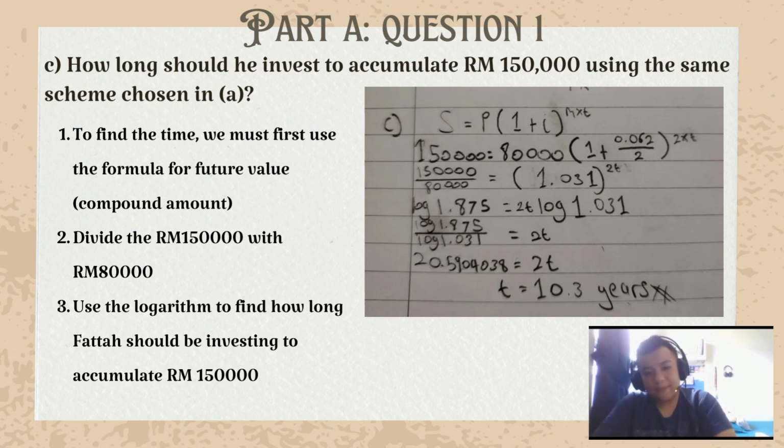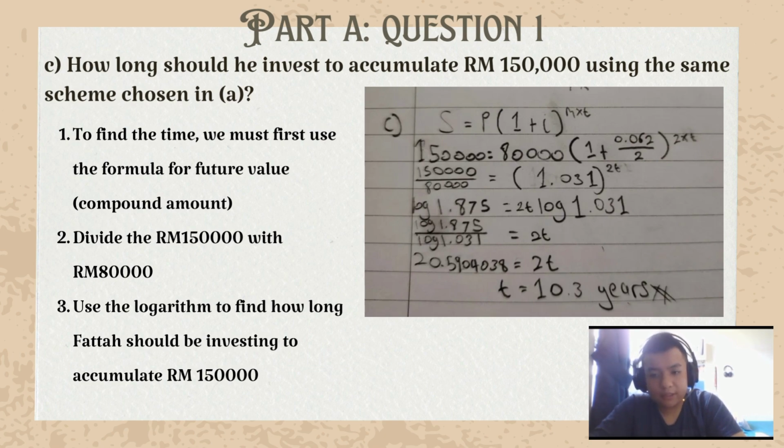So the second step is to take the 80,000 from the right side and divide it with the 150,000. At the end of it, you will get 1.875.